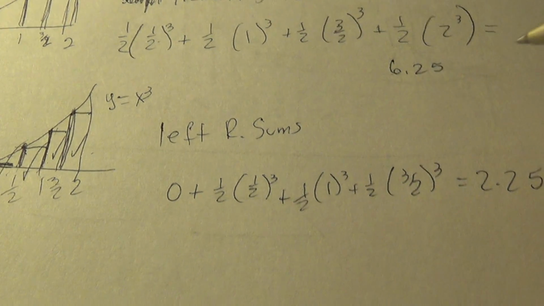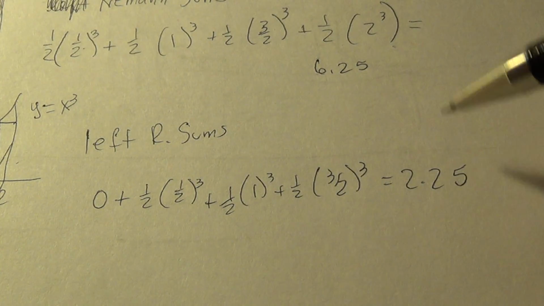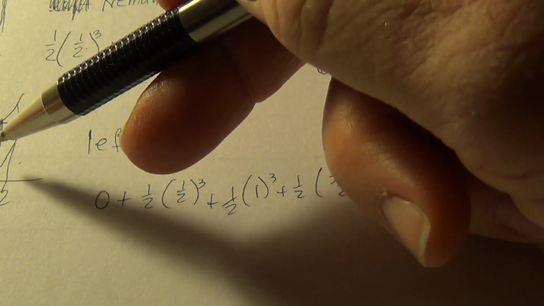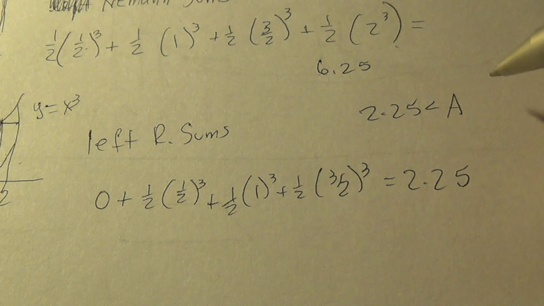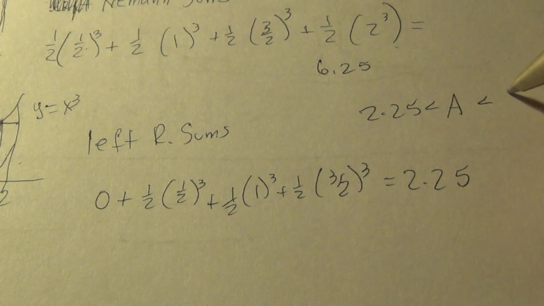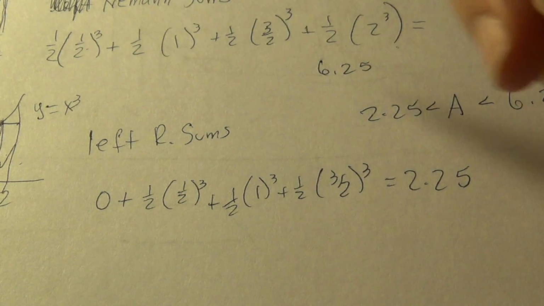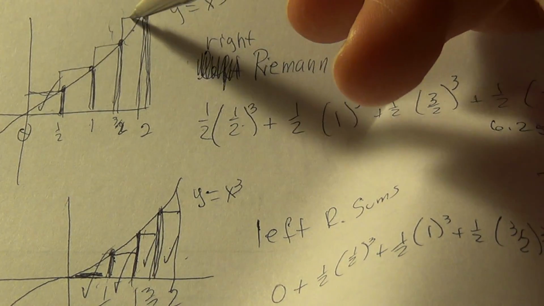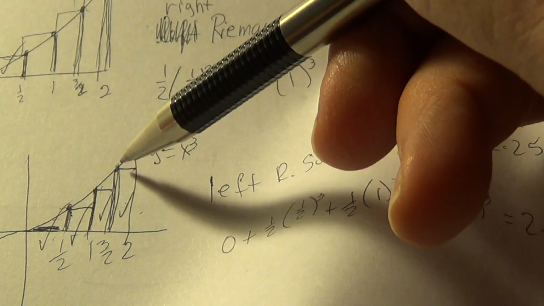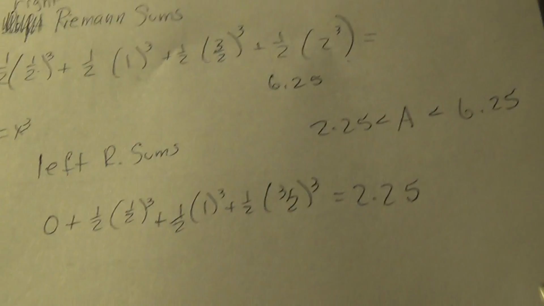So the true area will always lie somewhere in between, because obviously this one is lower than the true area, and that one is too high. As you can see, parts of the boxes are too high. They go above the function here. The boxes are too low. They're coming out below the function.